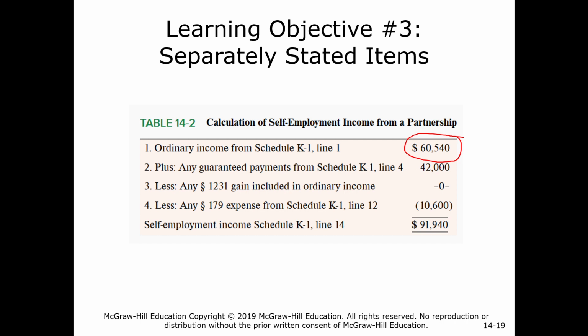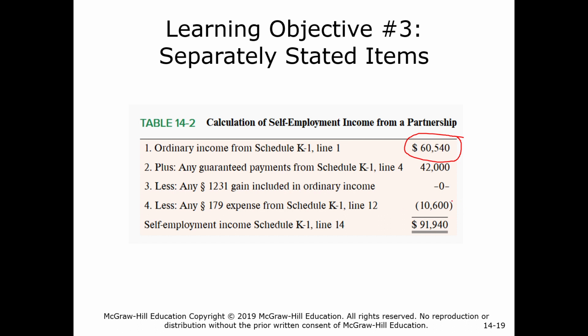This partner is an active participant of this partnership. So they received guaranteed payments. So this will also be added in calculating self-employment income. If they had any Section 1231 gain or losses, they will be added or deducted here. In this case, they did not, but they did have Section 179, and we said Section 179 was a separately stated item on the Schedule K1.